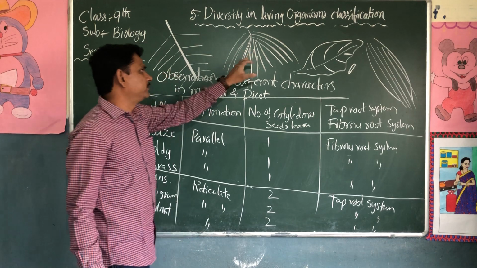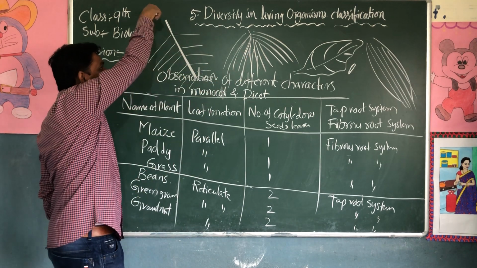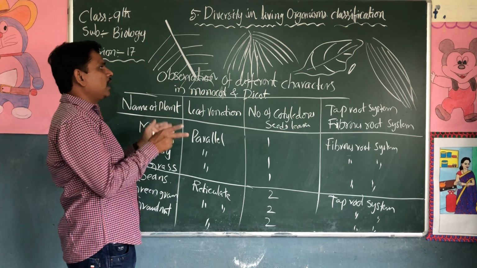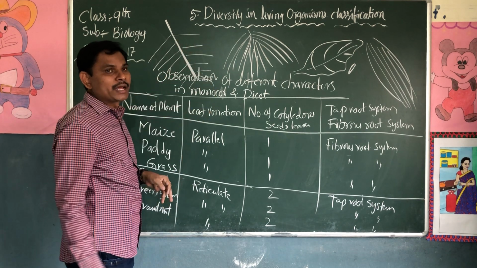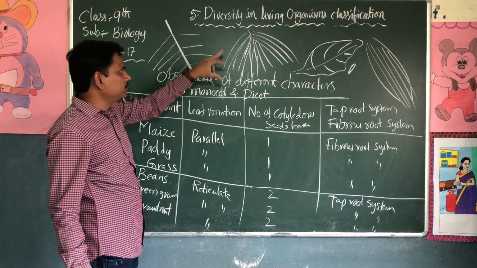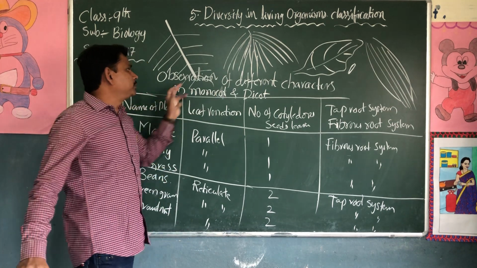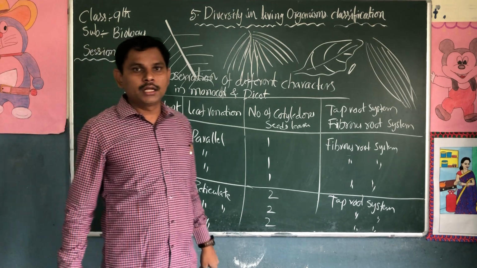This is the difference between the taproot system and the fibrous root system. This is about the observation of different characters in monocotyledons and dicotyledons.